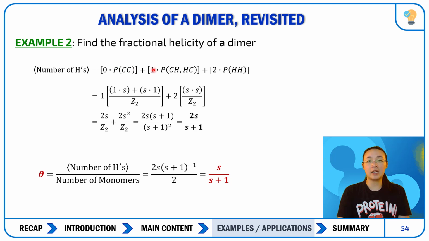There's 1 H multiplied by the probability of these sequences, plus 2 H's times the probability of this sequence. If you do the calculations, you end up with 2s over s plus 1. However, we know that we have a total of 2 monomers, so we divide everything by 2, and we get s over s plus 1 for the fractional helicity of our dimer.